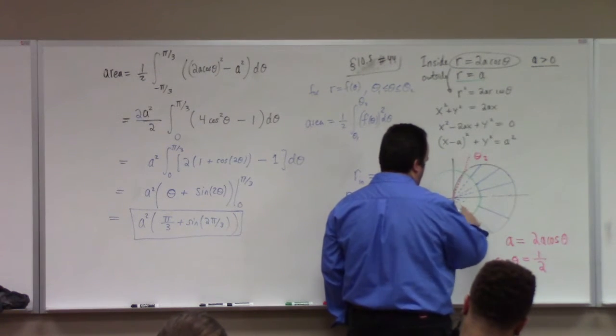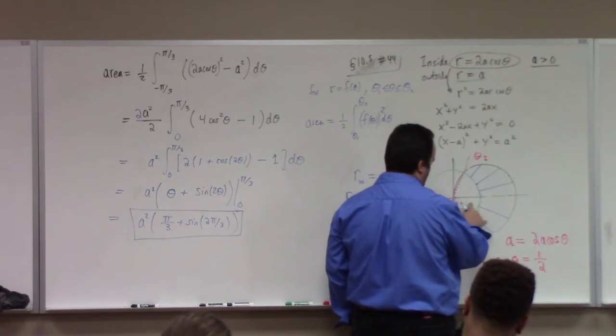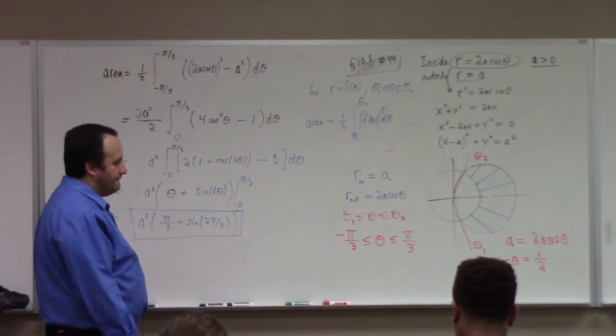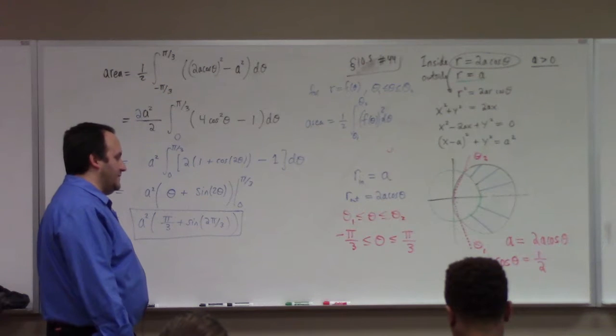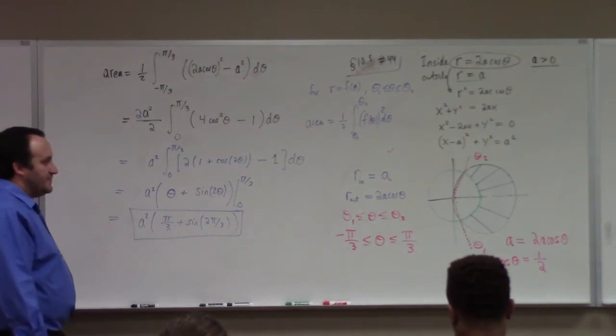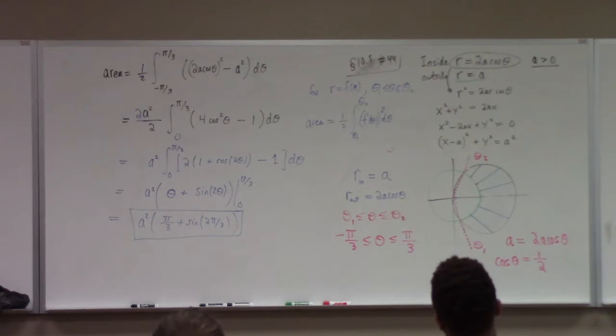Because theta 1 and theta 2 exclude part of the 2a cosine theta circle, but that's inside, so that doesn't matter. We have to focus our attention on the part which is inside the one but outside the other. Ah, okay. Because I couldn't figure out where to set up.